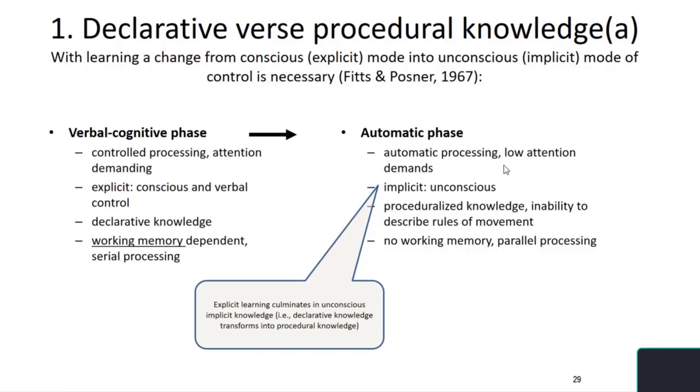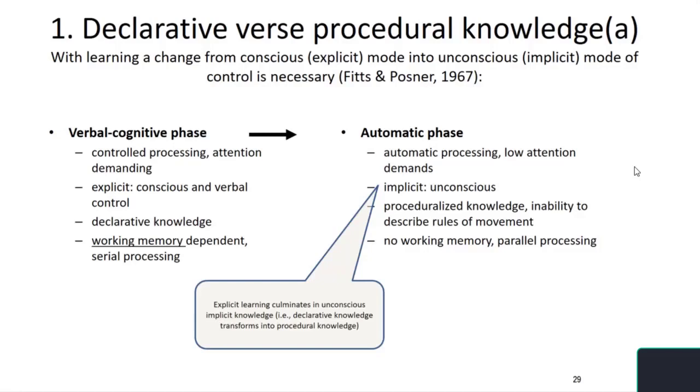And this learning process proceeds into an automatic stage over time. Once we're in the automatic phase, our control is characterized as an automatic process which requires a low amount of attention to be placed on our action.